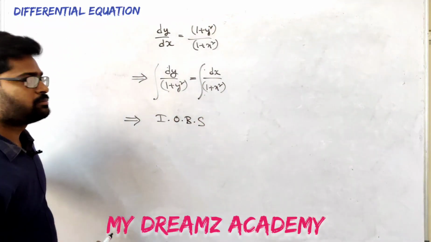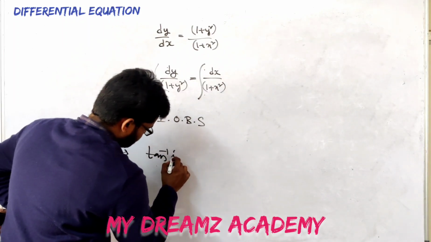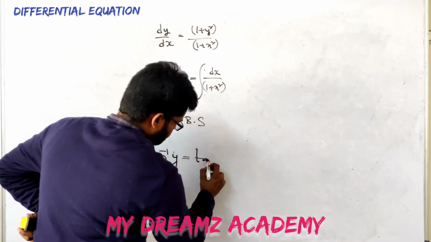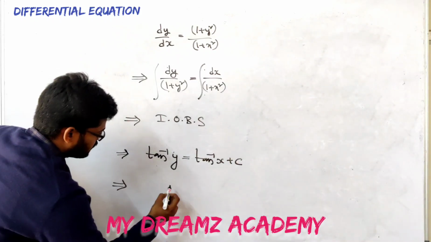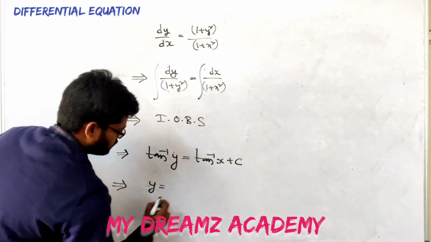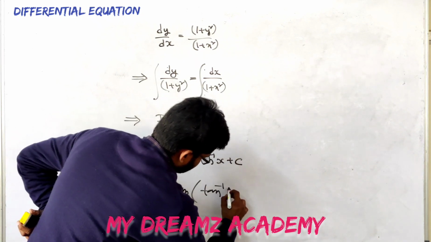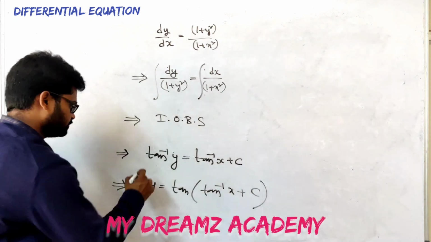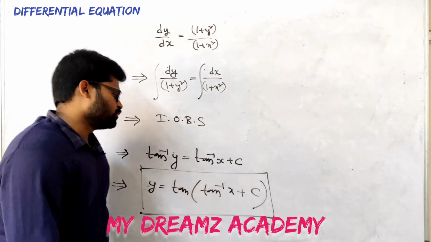The integration of 1 by (1 plus y square) is tan inverse of y, and this one is tan inverse of x plus c. I can further simplify this: y is equal to tan of (tan inverse of x plus c). Like that we can do n number of problems.